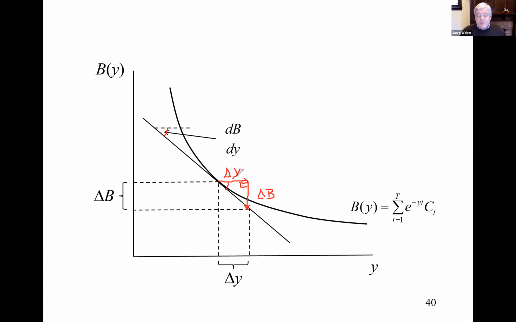And if you do it the other way around, if you have the first derivative and you multiply by delta y, then you get delta B. So delta B divided by delta y gives you the tangent of the angle, the first derivative, but then you can change the formula and solve it differently. So the first derivative times delta y gives you delta B. So that's what I have on the next page.